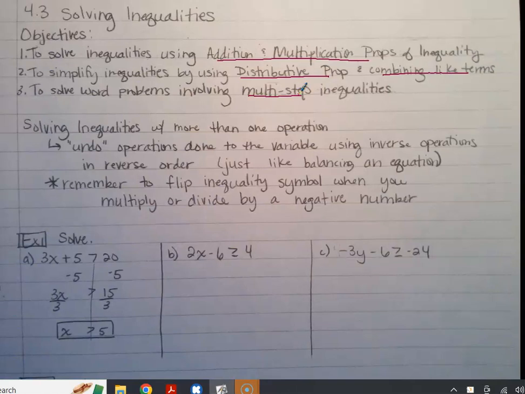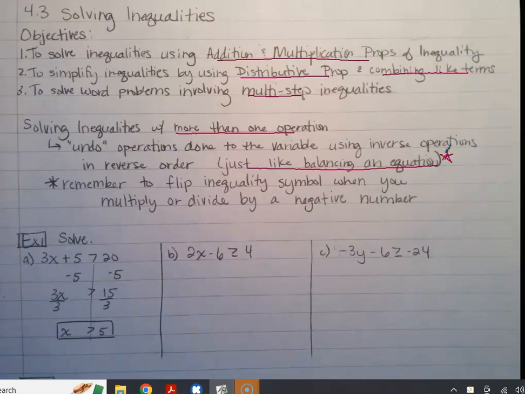All right, so when we're solving inequalities with more than one operation, we undo the operations just like balancing an equation. We undo the operations that are done to the variable using inverse operations and in that reverse order. Remember when we started balancing and I told you it's going to get harder and more complex?